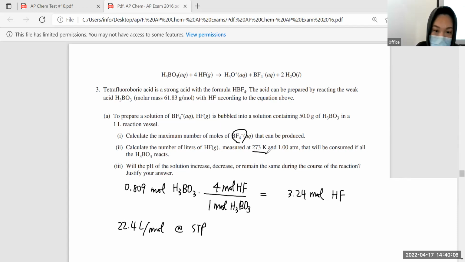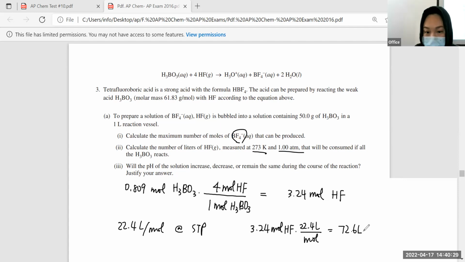Right, 273 Kelvin, 1 atmosphere is STP. So 3.24 moles HF times 22.4 liters per mole gives 72.6 liters HF.